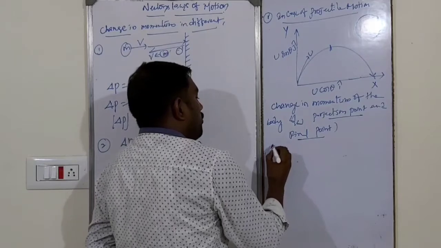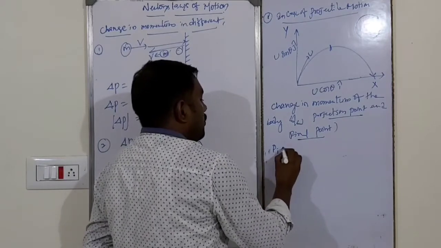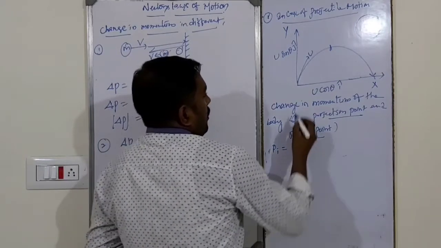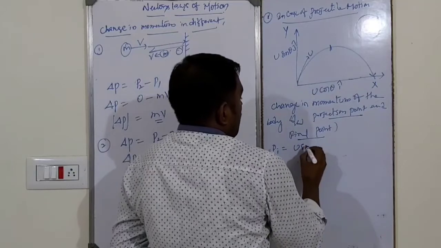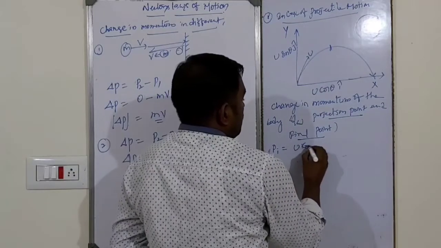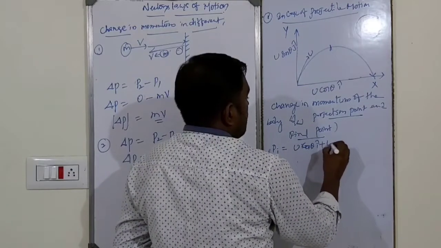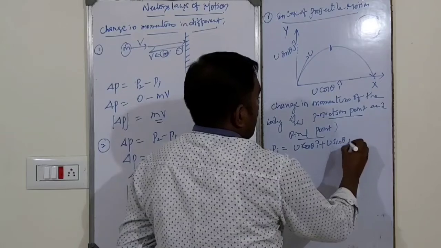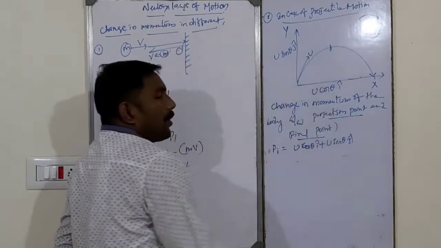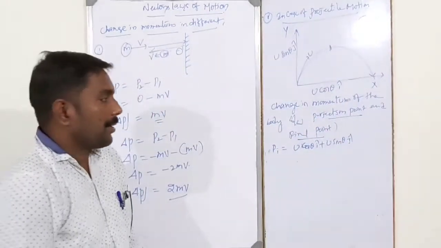So the initial momentum is u cos theta i cap plus u sin theta j cap, because initially both vertical and horizontal components are there.